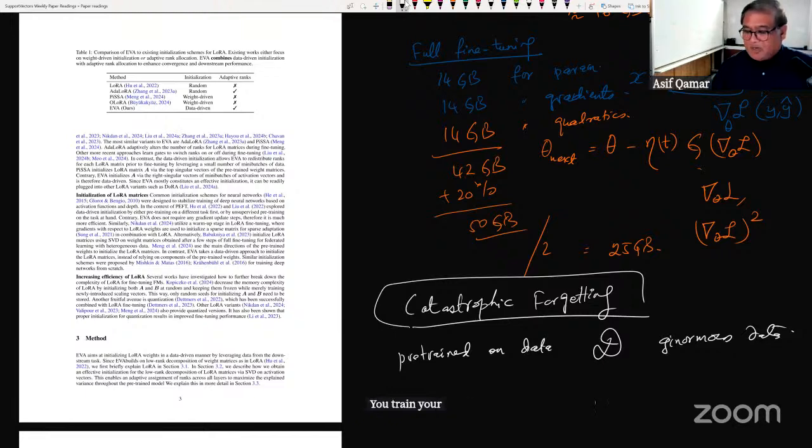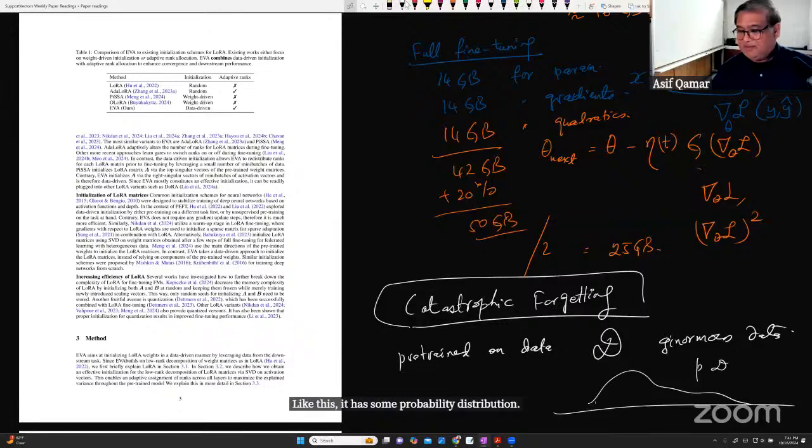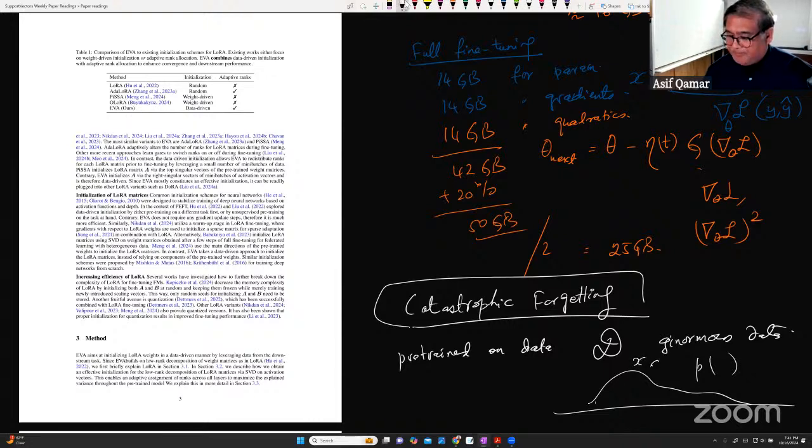Now, let us say that the model has in data input space some probability distribution like this. This data respects this, P(x), x sampled from D, it shows a probability distribution like this.